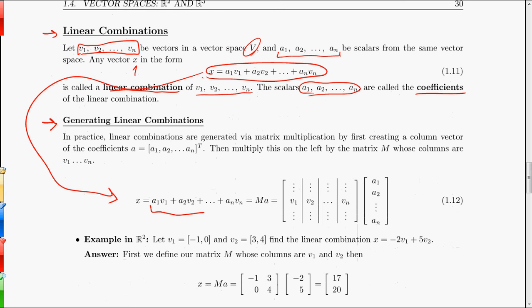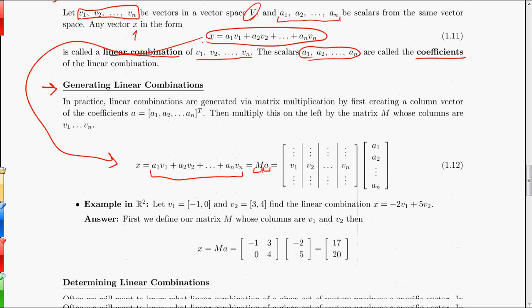That is more efficiently written as matrix multiplication, where this M just has the first vector as the first column, the second vector as the second column, on and on, and the last vector as the last column. And this column vector A is just the coefficients in the linear combination. So you can generate linear combinations very easily through matrix multiplication.